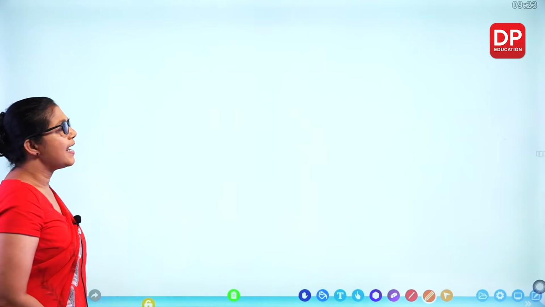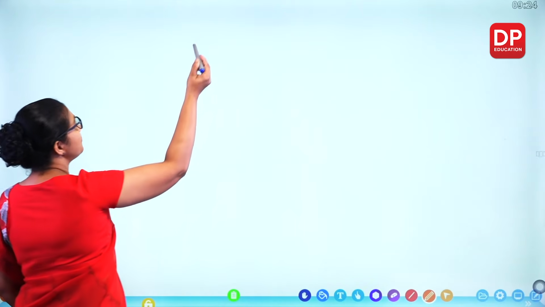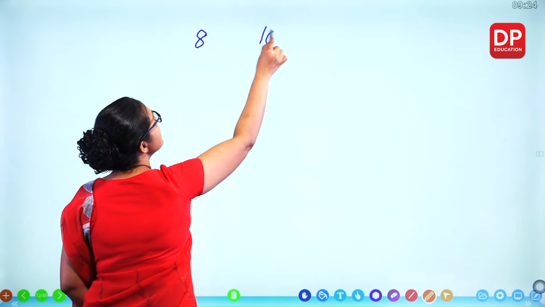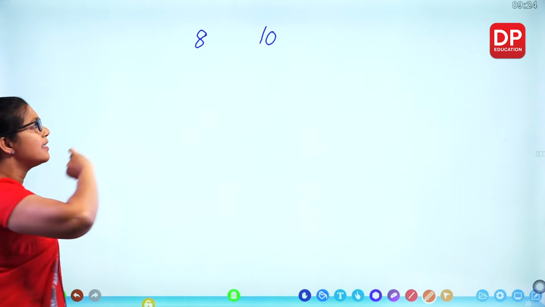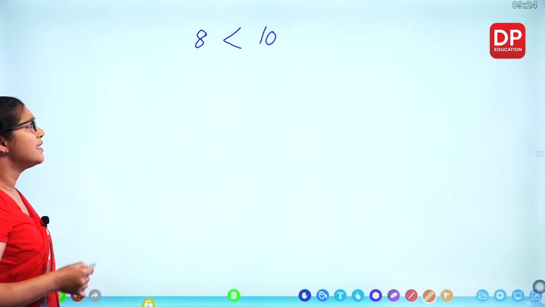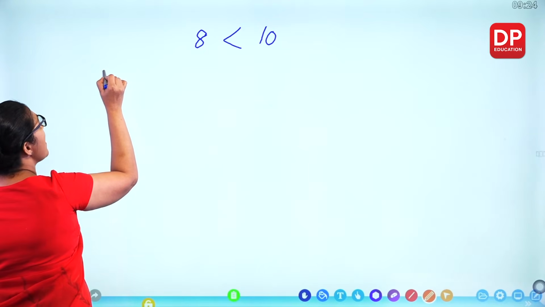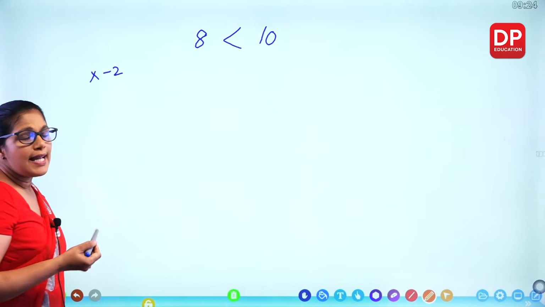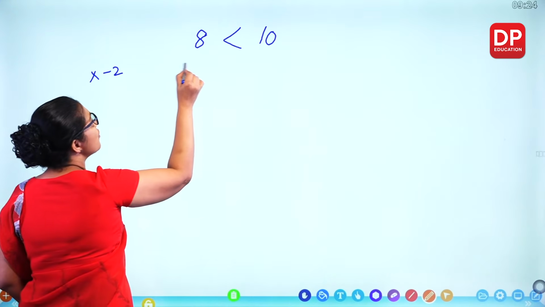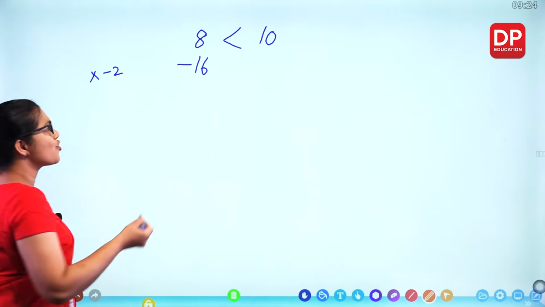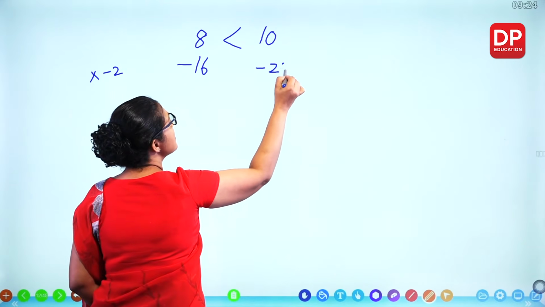We'll take again another example. 8 and 10. We'll take the same thing. Which one is greater? We know that 10 is greater than 8. Now I want to multiply this by minus 2. 8 times minus 2, you get minus 16. 10 times minus 2, you get minus 20.